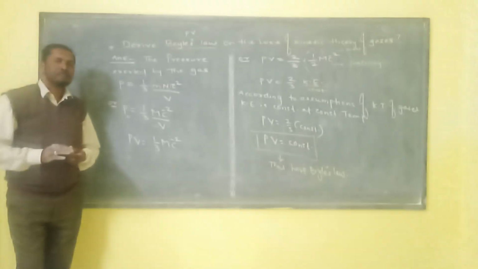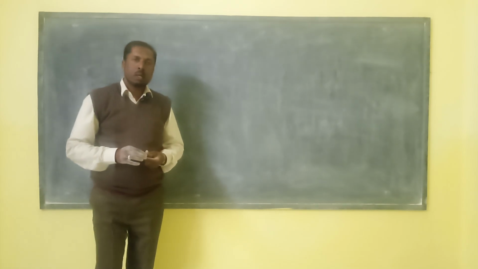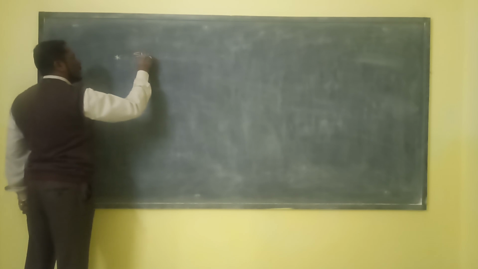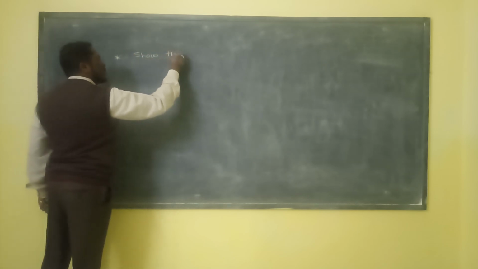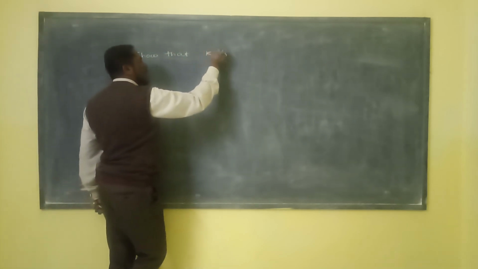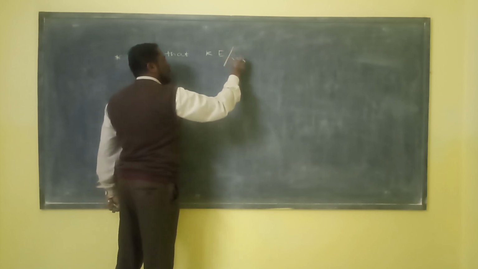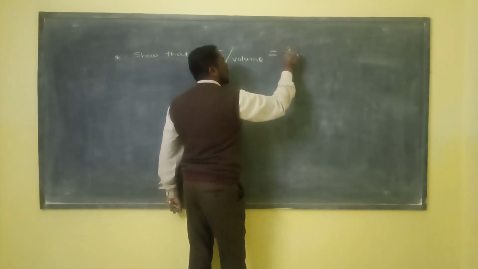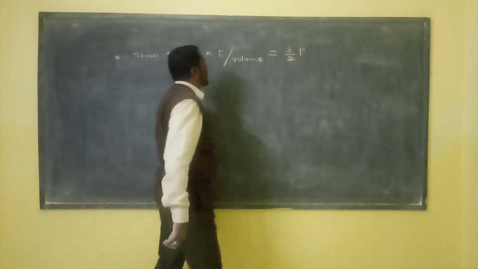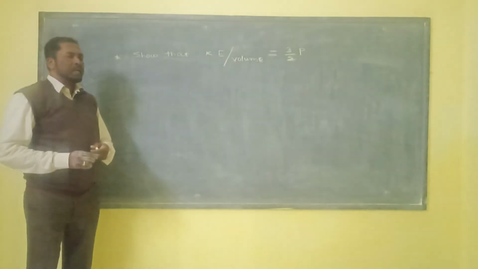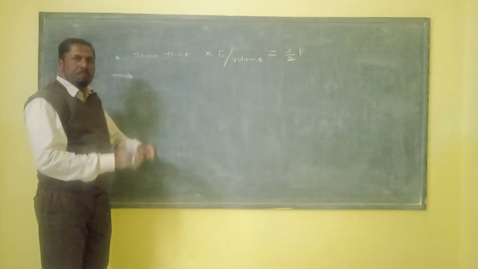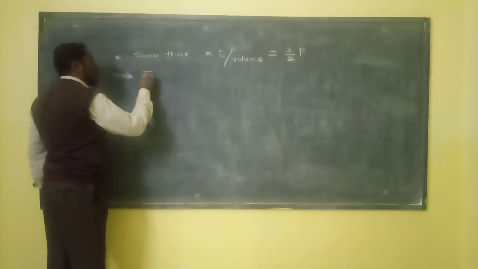Watch it. After Boyle's law, show that kinetic energy per unit volume is equal to 3 by 2 P. Show that kinetic energy per unit volume is equal to 3 by 2 P. First of all, the pressure exerted by the gas.